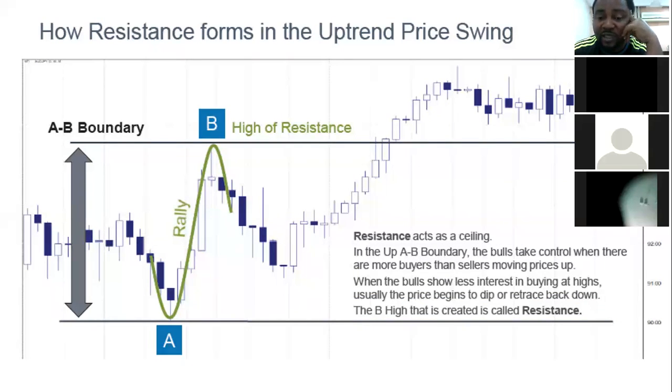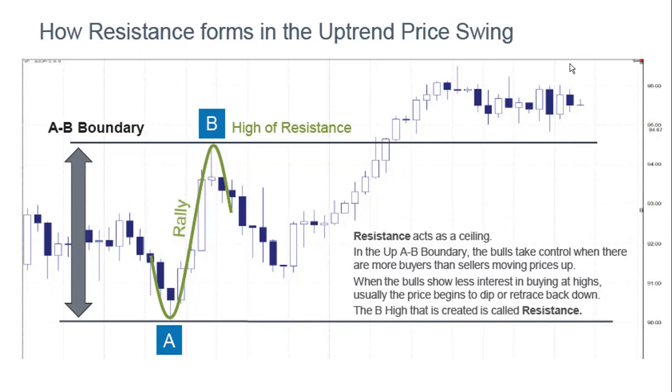Resistance acts as a ceiling. In the up AB move, the bulls take control, with more buyers than sellers, moving prices up. When the bulls show less interest in buying at highs, usually the price begins to dip or retrace back down.